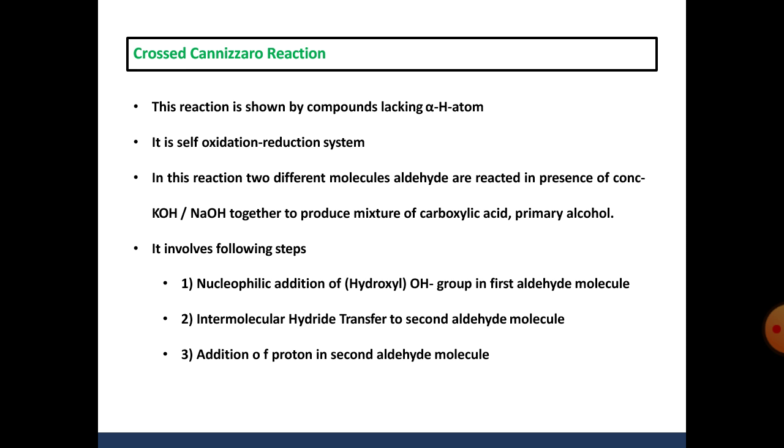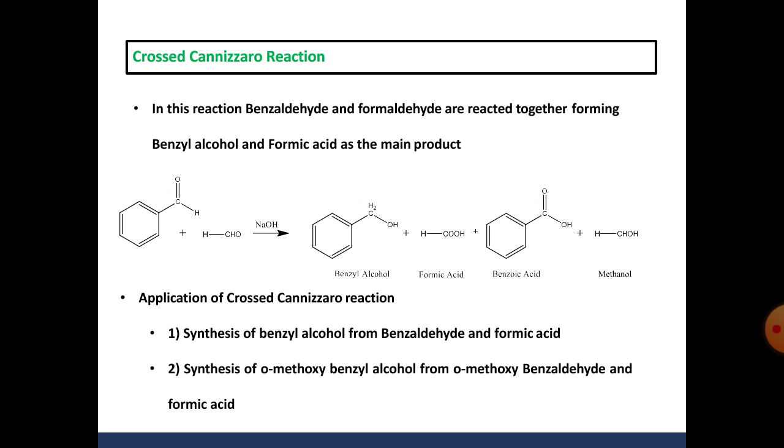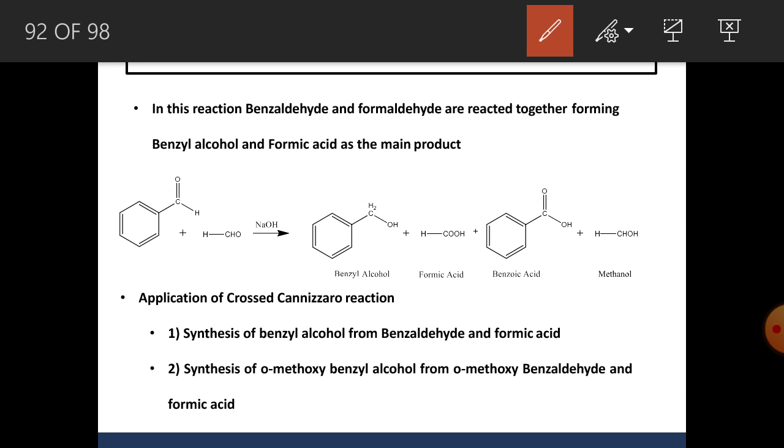Again there are the same steps: nucleophilic addition, hydride shift and addition of proton. Here we have taken two different aldehydes which lack alpha hydrogen, that is benzaldehyde and formaldehyde. When they react in the presence of NaOH, the major products are benzyl alcohol and formic acid.